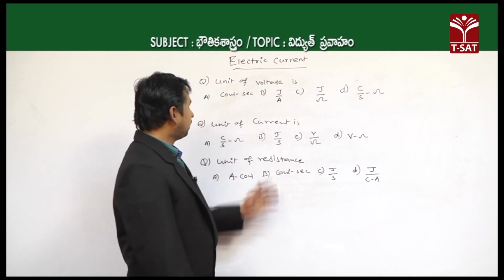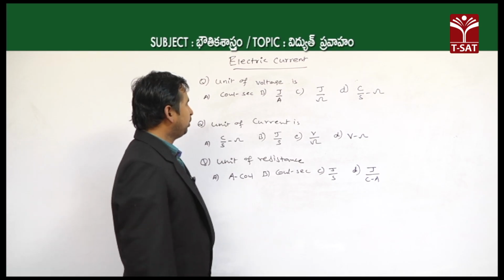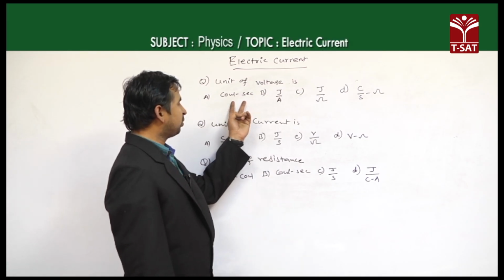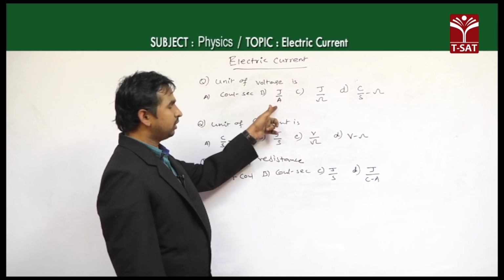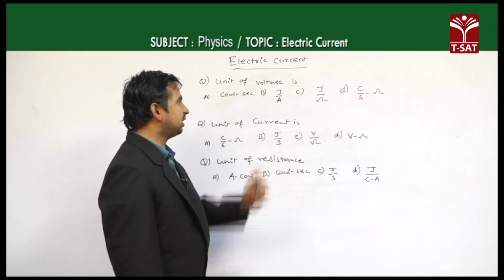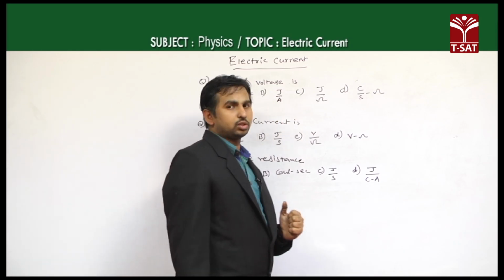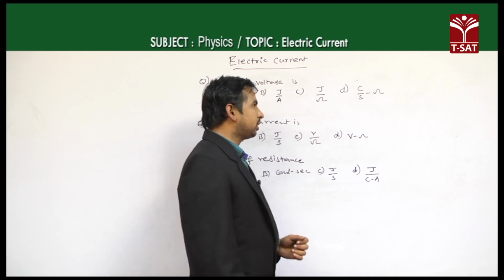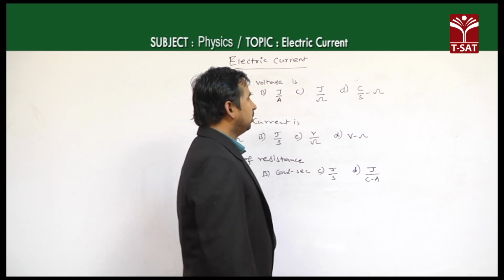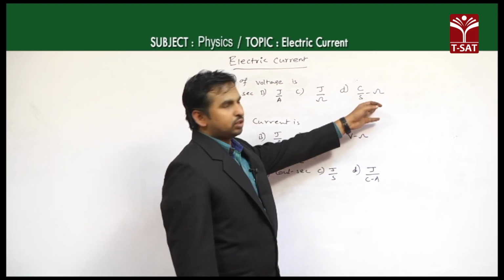Like this, we have different units. This one is in terms of coulombs and seconds, this one is joule and amperes, which is work done and current, joule per ohm is work done and resistance, and coulomb per second and ohm is given there.